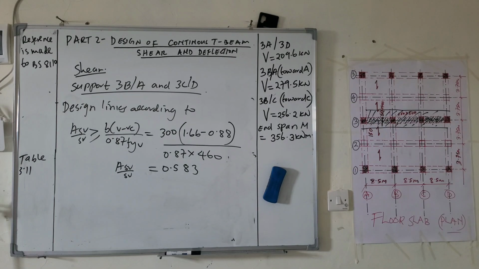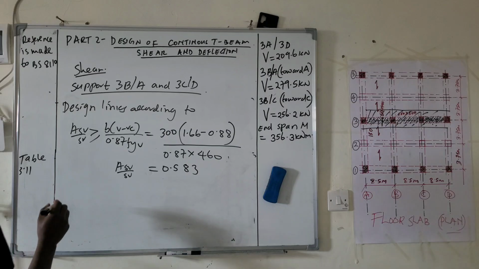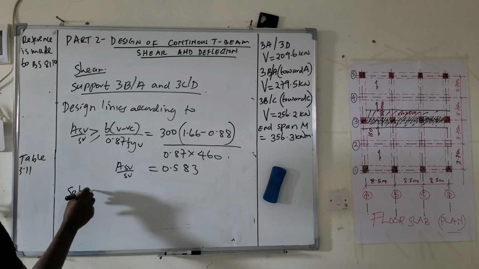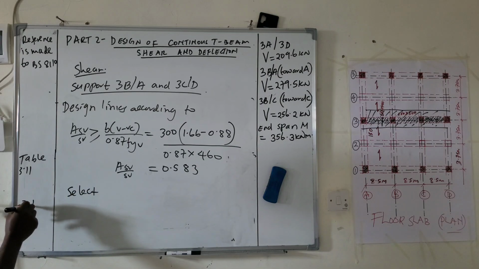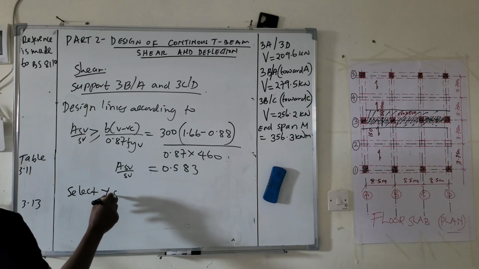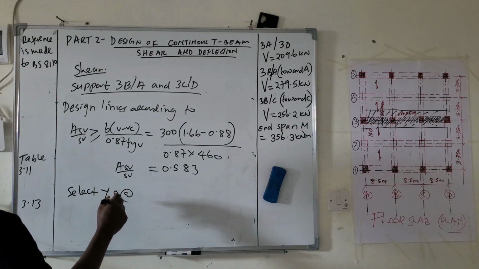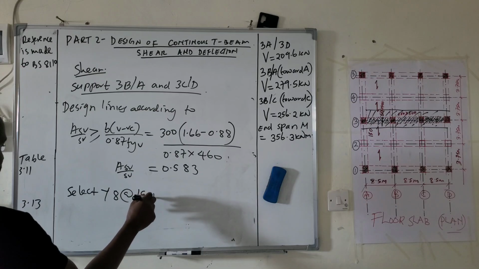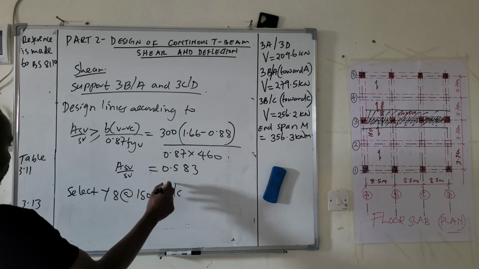Then from table 3.13, select Y8 at 150 millimeter center to center.